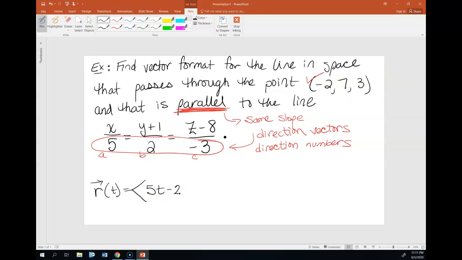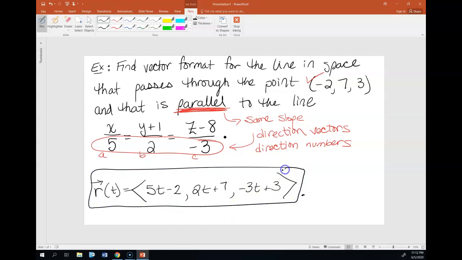So we get 5t minus 2. And then for the y component, we have a direction number or a slope of 2. So we have 2t. And then when t is 0, we want to make sure we're going through a value of 7. So plus 7. And then for the z's, follow the same format, negative 3t plus 3. And that would be the vector format for our line in space.